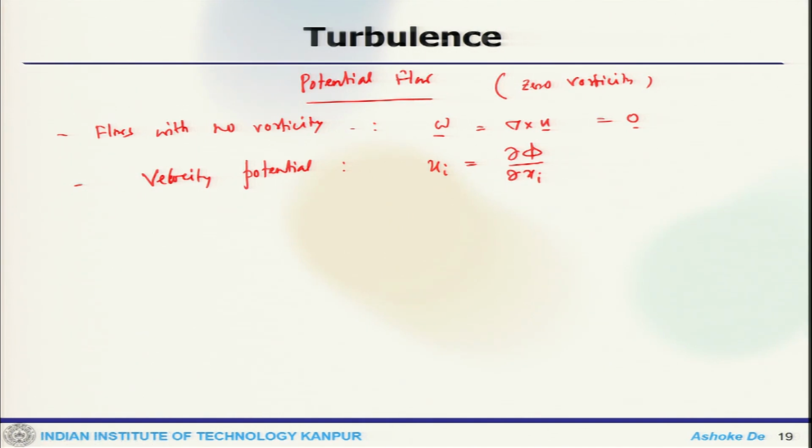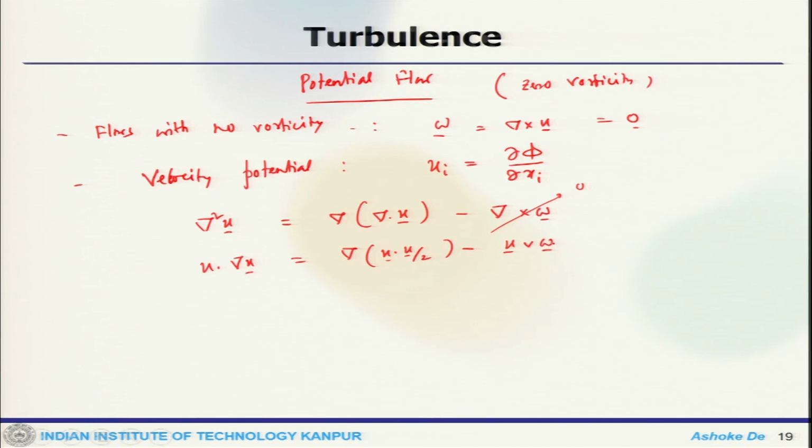Now, once you do some algebra here, del cross u equals del dot u minus del cross omega. So, this goes to 0, and u dot del u equals del of u dot u by 2 minus u cross omega, this also goes to 0.